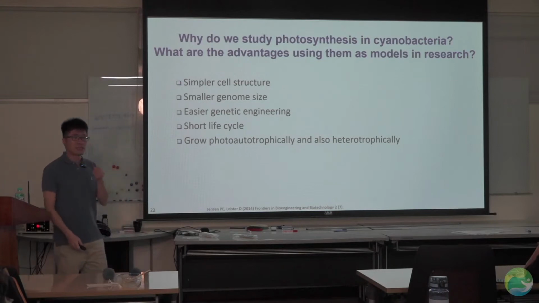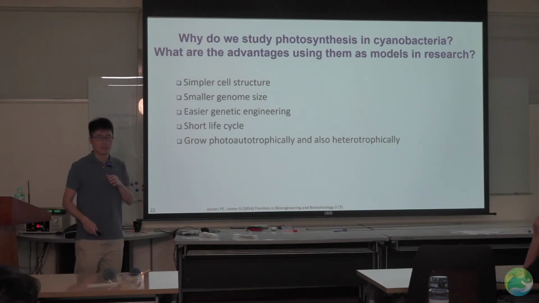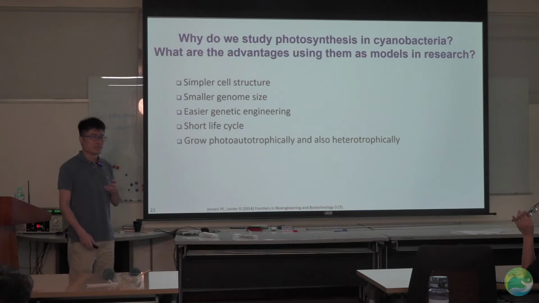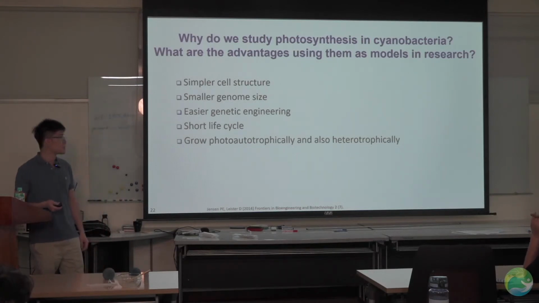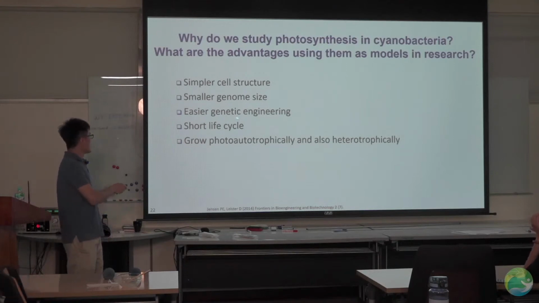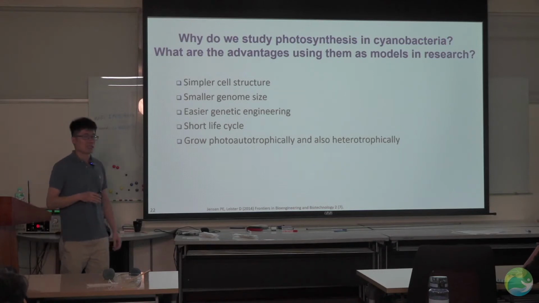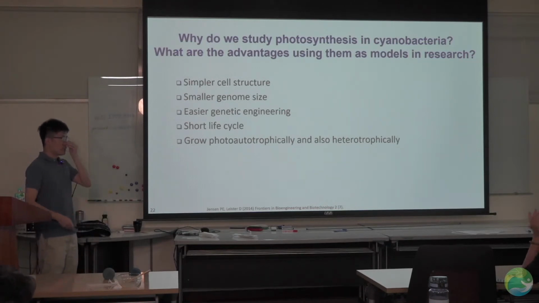It's a single cell, and the genome size is much smaller. For plants, genome size could be several gigabases, but for cyanobacteria, it's several megabases. And genetic engineering is easier, so we can easily do genetic knockouts and overexpressions to study gene functions in cyanobacteria. And short life cycles.